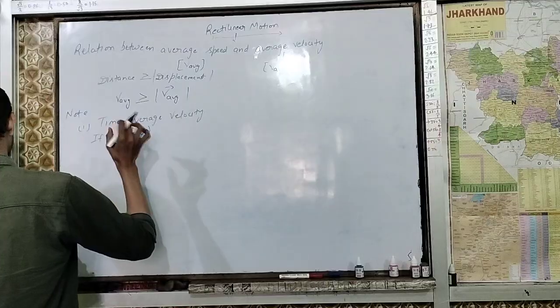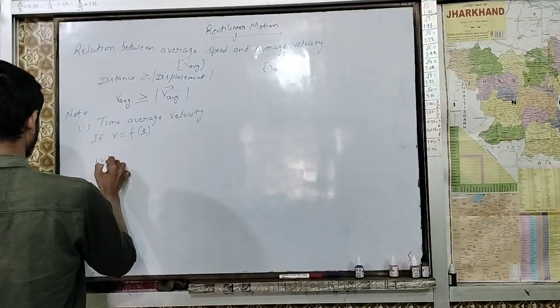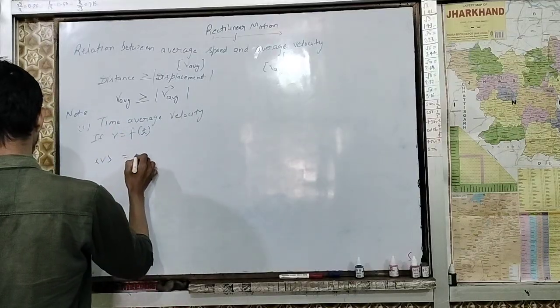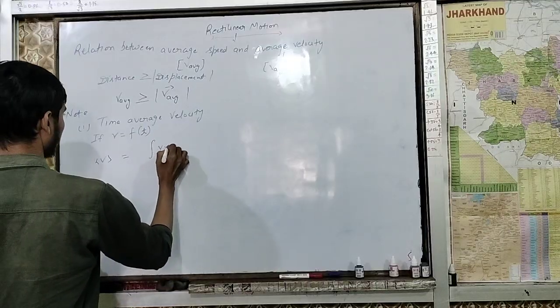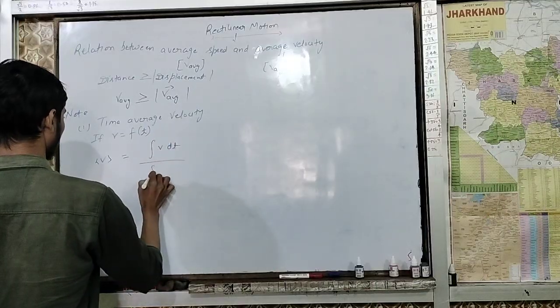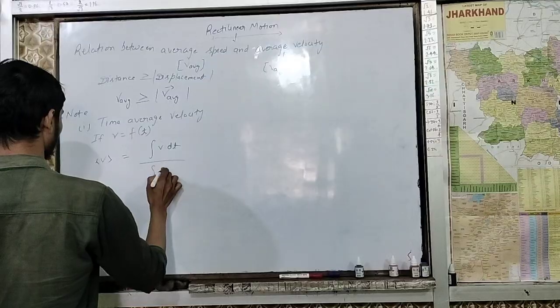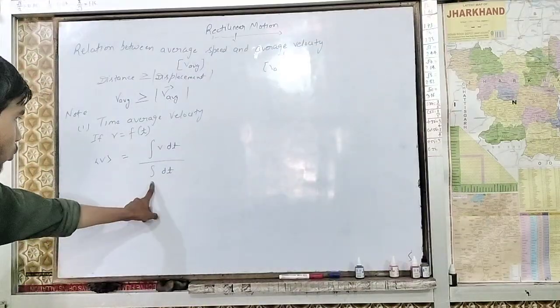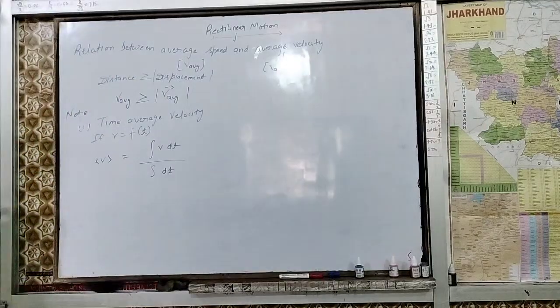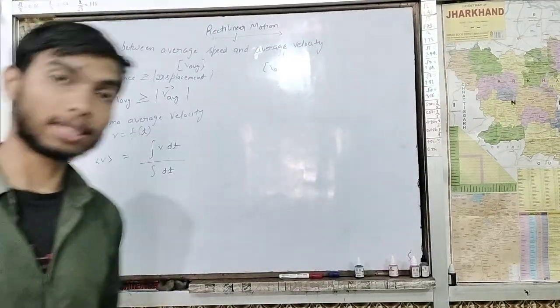If t is a function, then our average velocity will be equal to the integral of v dt over total time. Here you can see t is a function, so from t1 till t2, from initial time till final time.